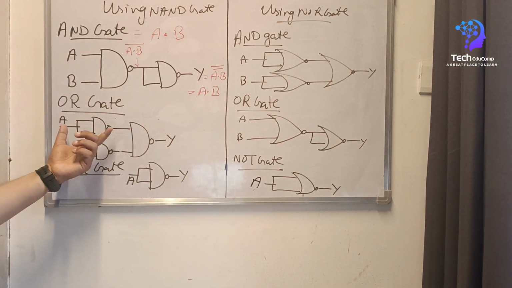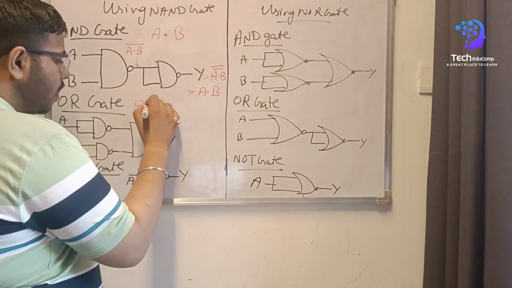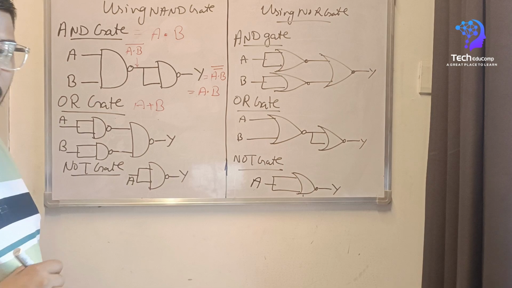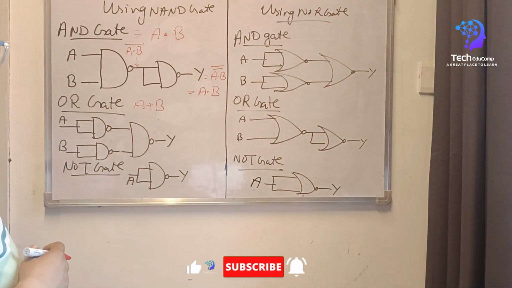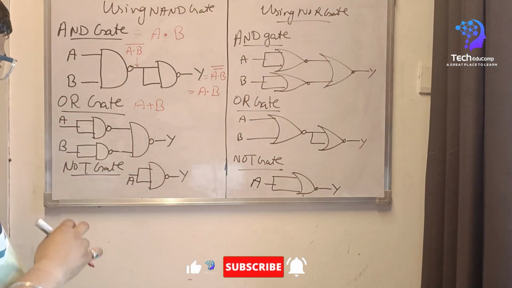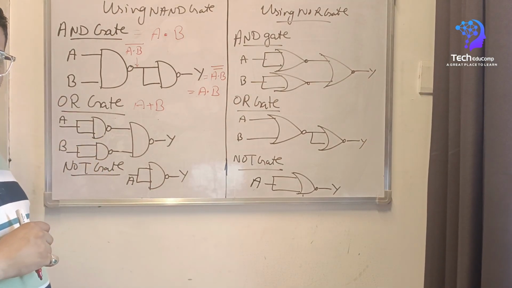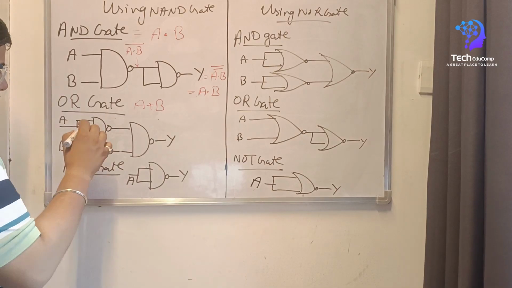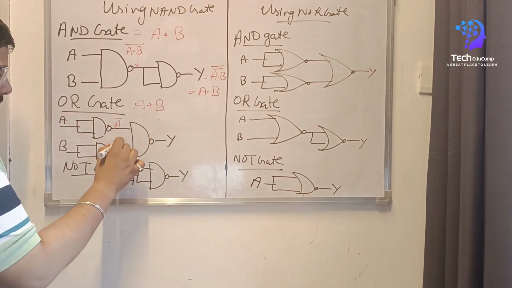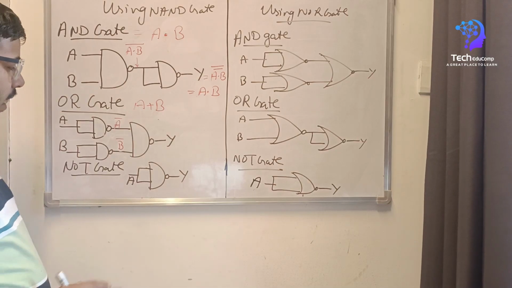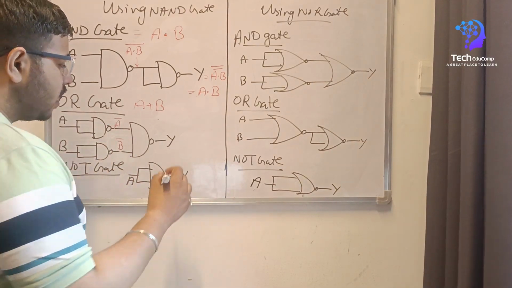Now we have the OR gate. OR gate expression was A plus B. Now how to get this expression using the NAND gate? First of all, what we can do here, we have complemented, we have given a single input in 2 gates. In NAND gate 1 here we will get A bar, here we will get B bar. Now these 2 are the inputs for the third NAND gate.